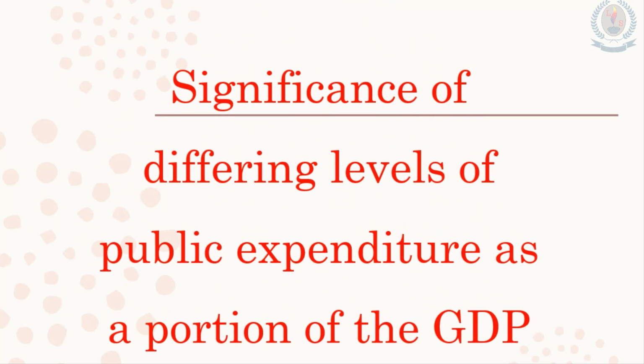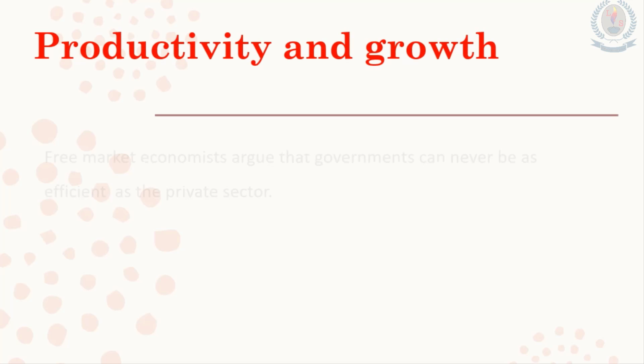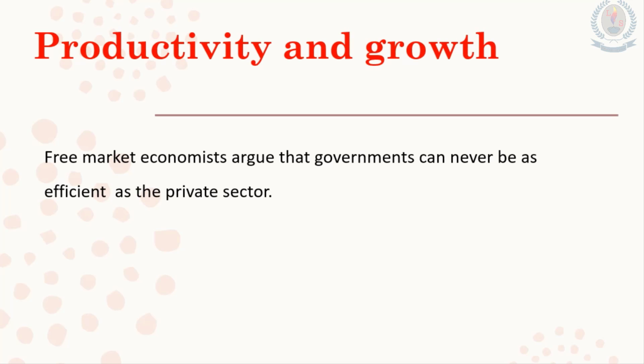Let us now look at the significance of different levels of public expenditure as a proportion of the GDP. Productivity and growth. Free market economists argue that governments can never be as efficient as the private sector.